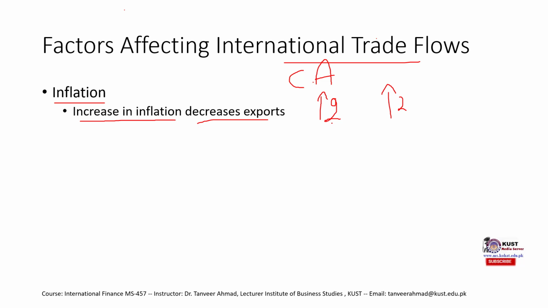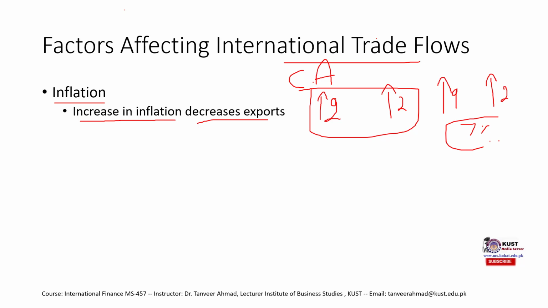So by relatively we mean inflation as compared to the other countries. As compared to this scenario, let's assume that Pakistan's inflation has increased by 9%, but US inflation only increased by 2%. So the difference is 7%. That means Pakistan's inflation relative to the US has increased by 7%. So we are more concerned with this relative increase rather than the absolute increase.